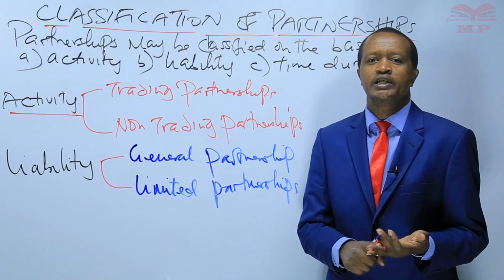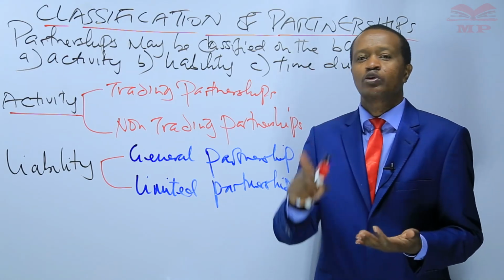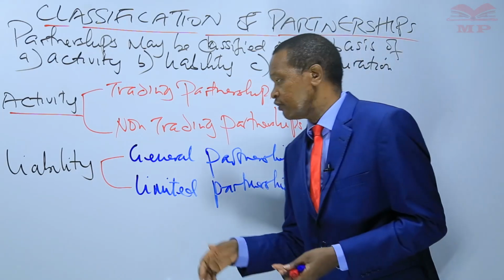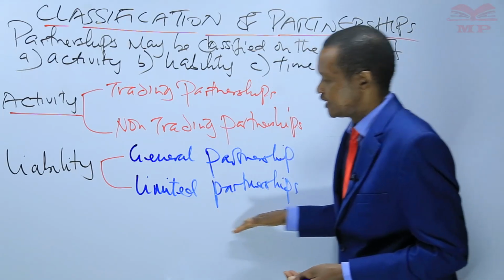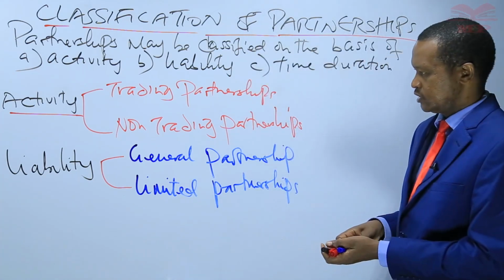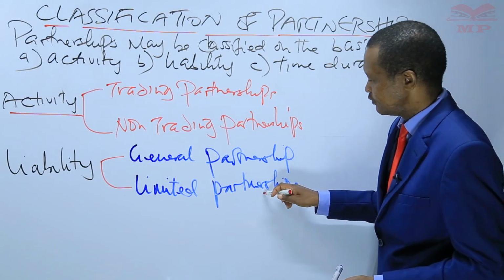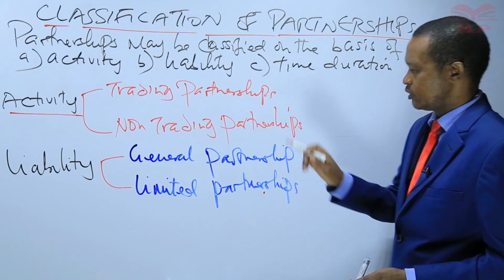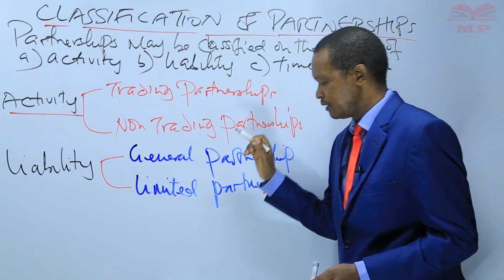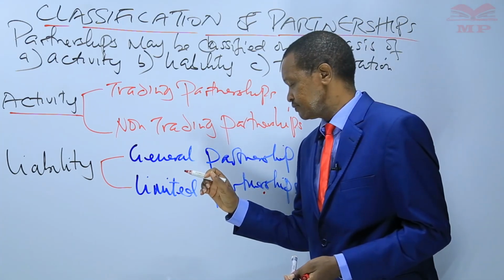Number two, it must consist of one or more general partners who shall be liable for all the debts of the firm. So, for a limited partnership to be formed, condition number one, the number of the partners is limited to 20.